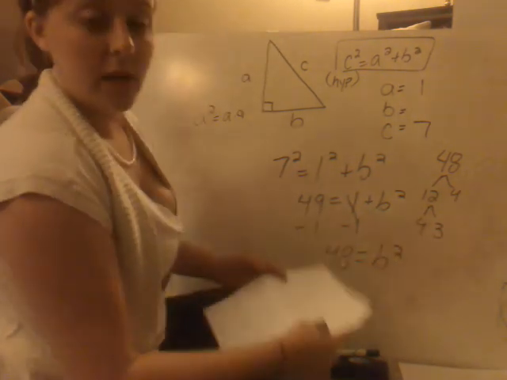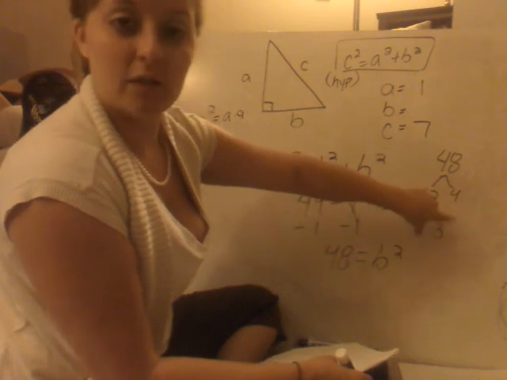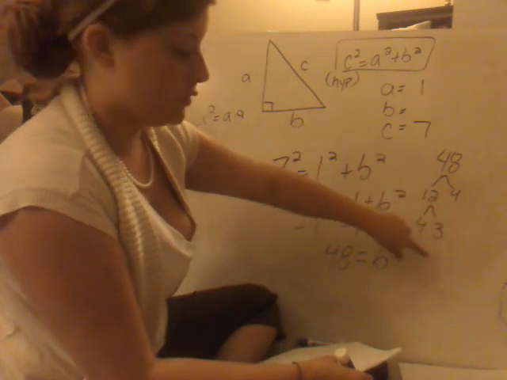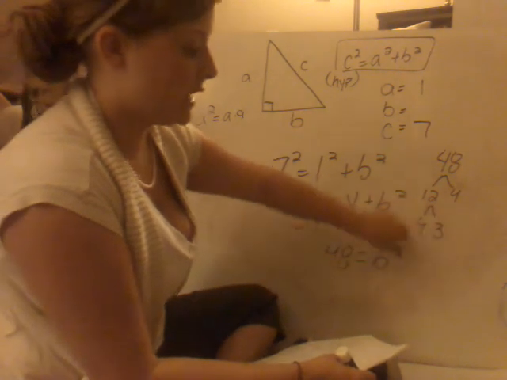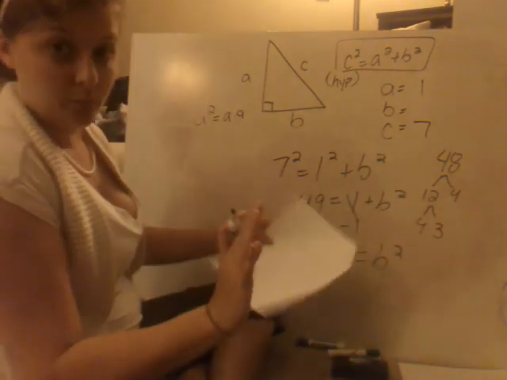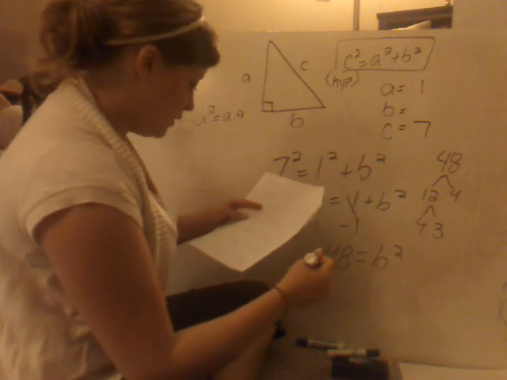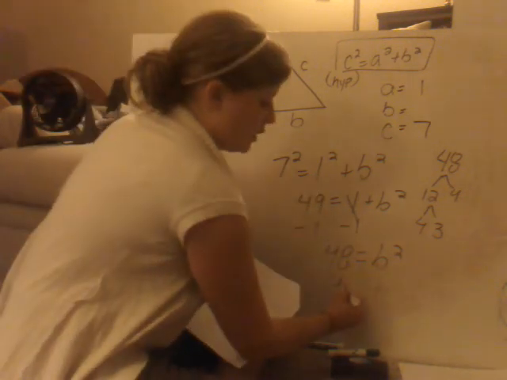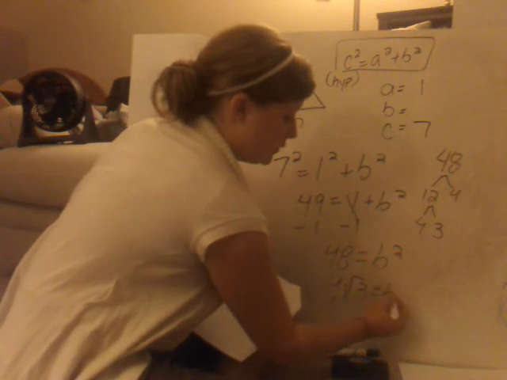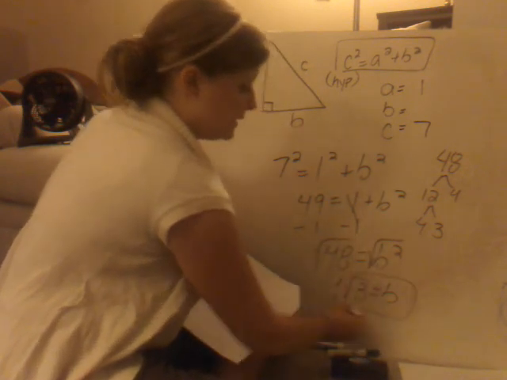Now I can stop right now because look, I have 2 4s. I would break these down to 2 2s and 2 2s, and I would take out the 2 2s and then multiply. But if I can see right now that I have 2 4s, that means I can stop and take out a 4. So number 16 is 4 square root of 3 is equal to B, because I took the square root of both sides, and that's what I get. And that's 16.